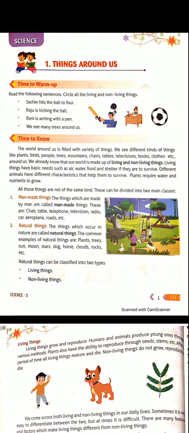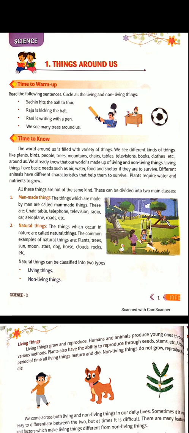See, children, in this whole world there are many things. When you see things around you, you can see television, chair, table, people, birds, dogs, many things. See, there are different things in this world.